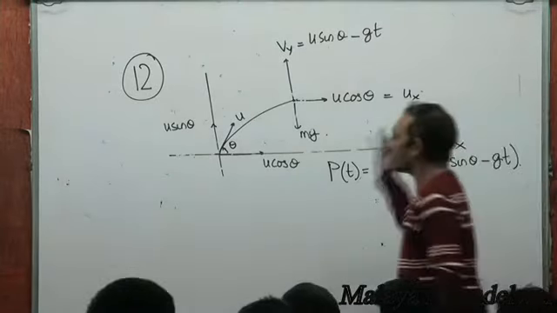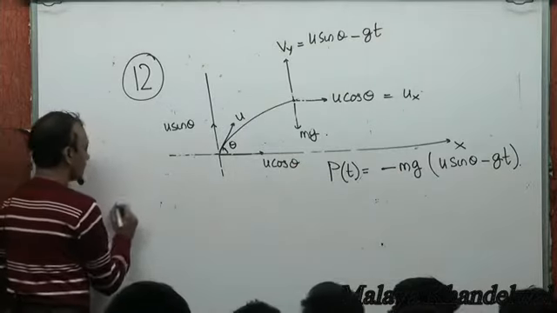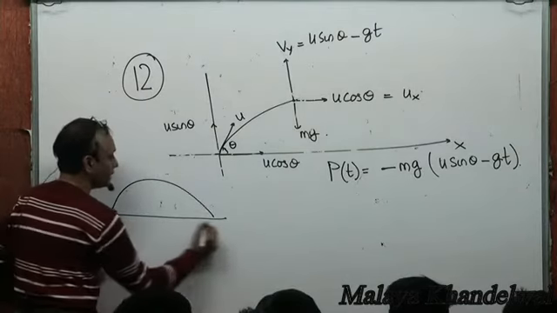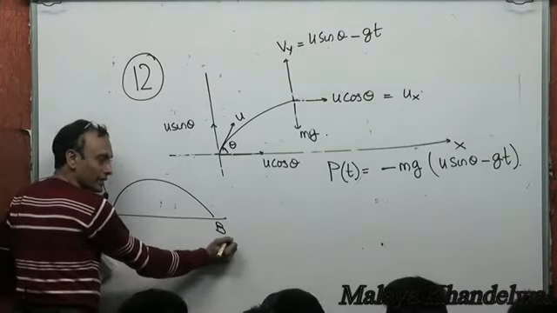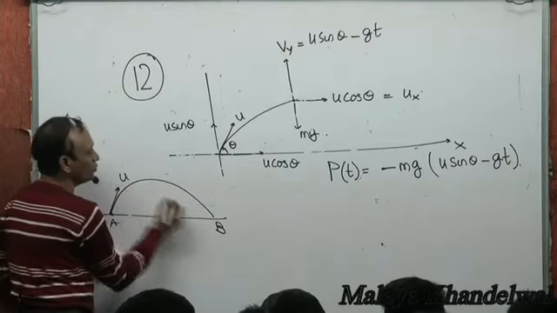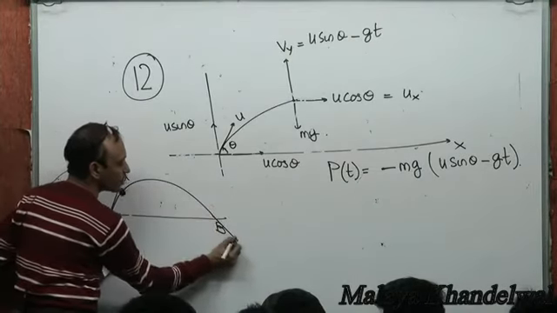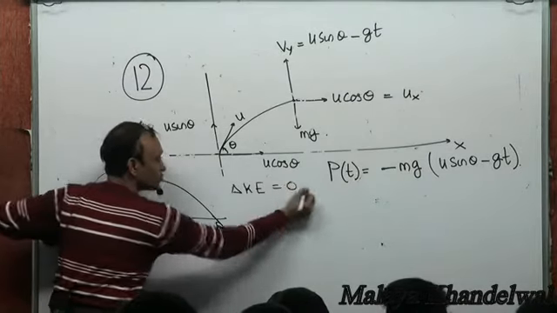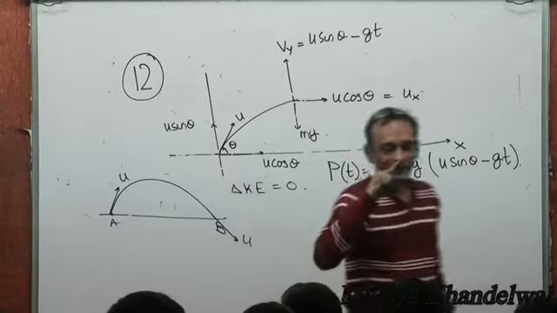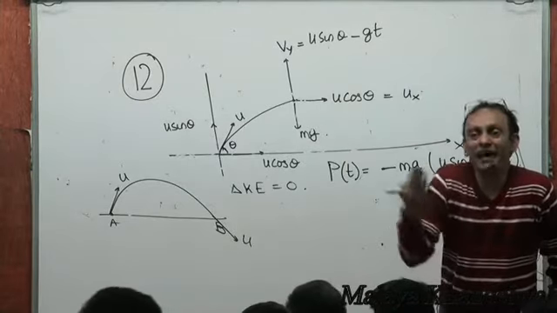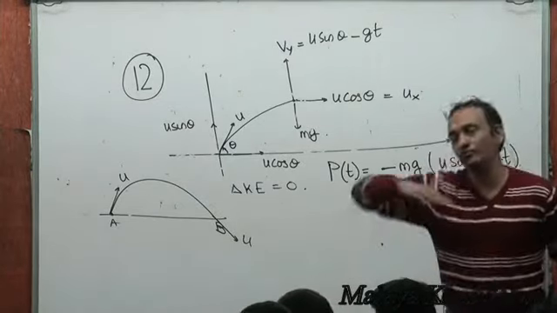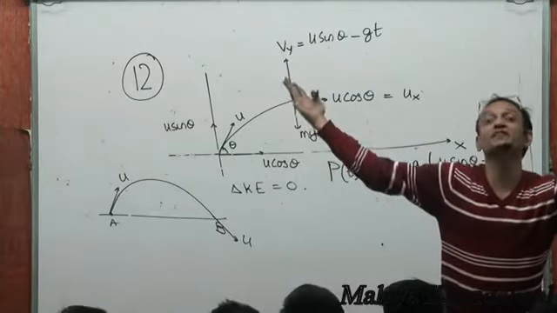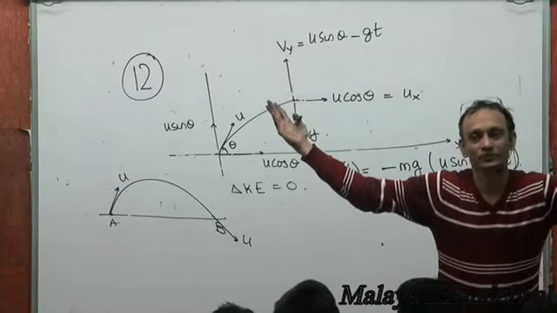Now, fundamentally, for a full time period when the particle goes from A to B, if it is launched with a velocity u, we understand that it falls with a velocity u. So what is the change in kinetic energy? Zero. Change in kinetic energy is zero. That means on an average, for a full time of flight, the average power delivered by gravity must be zero.